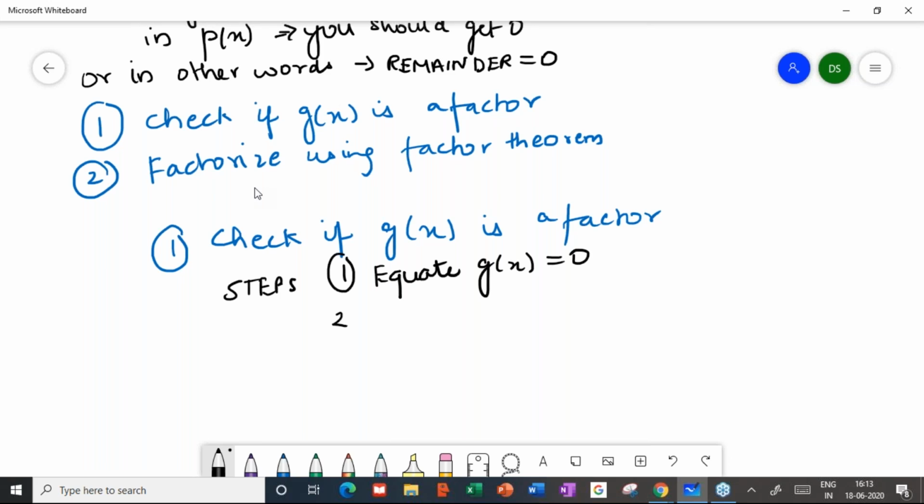Then substitute the zero of g of x in p of x.